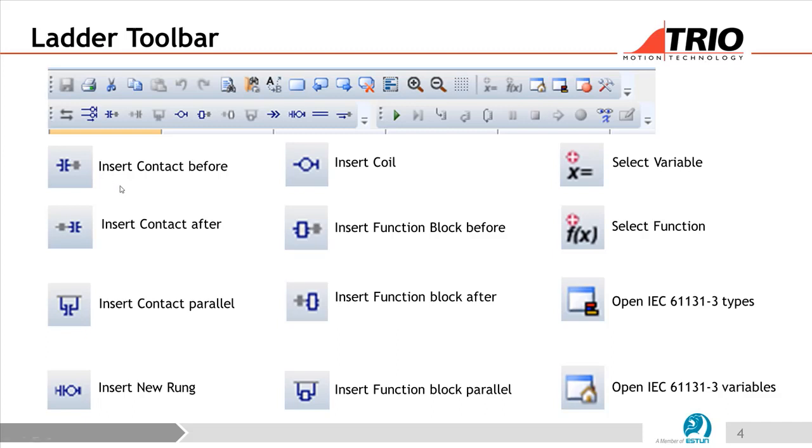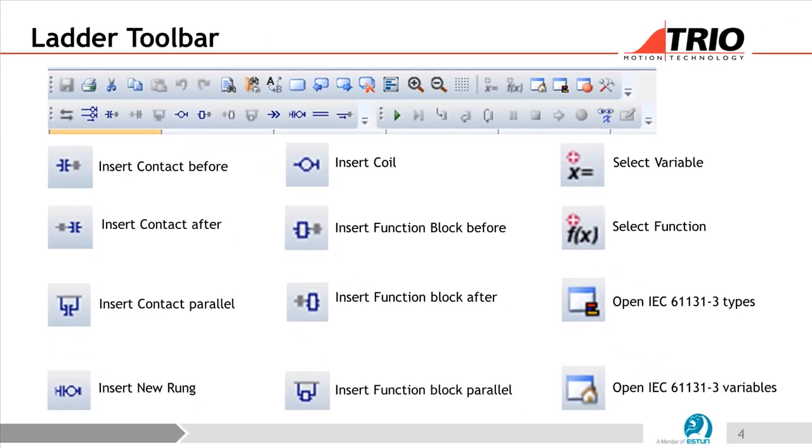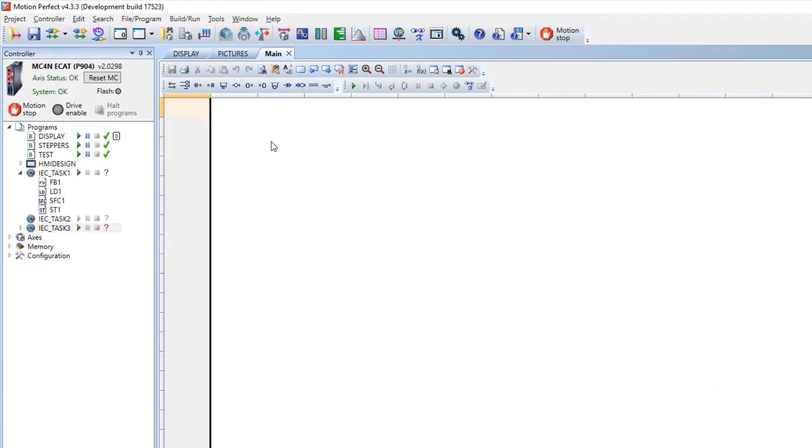I know it's quite small on the Motion Perfect. That one says insert contact before, insert contact after, in reference to the highlighted part of the rung. If you're familiar with it, every bit of this is called a rung, just like a ladder. There are several rungs.